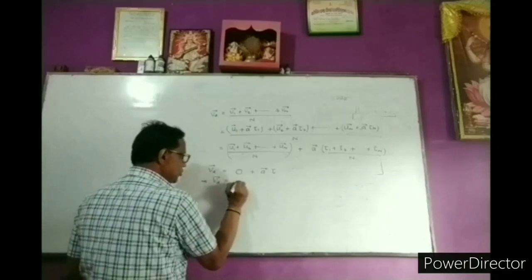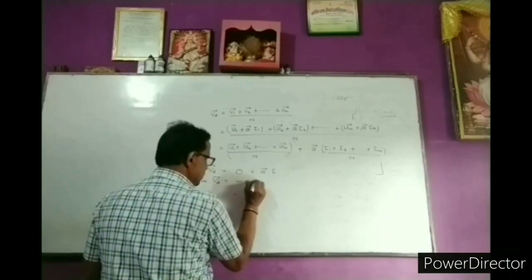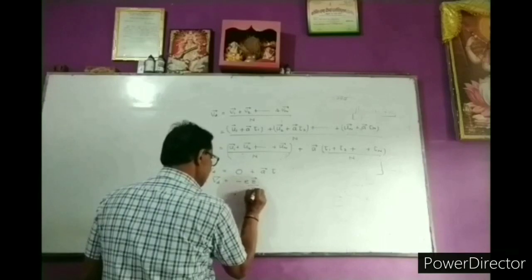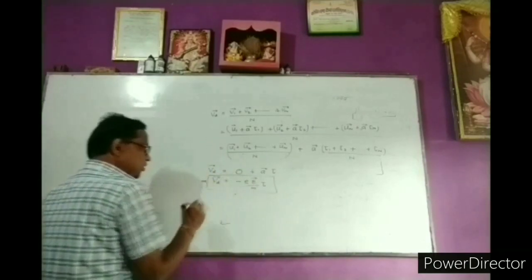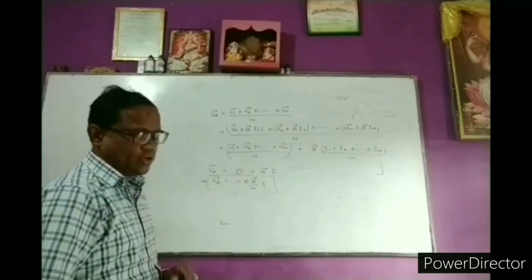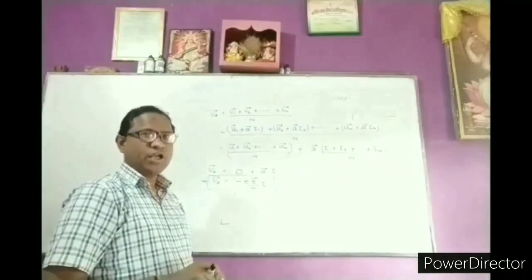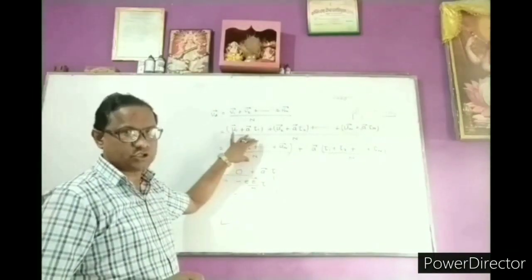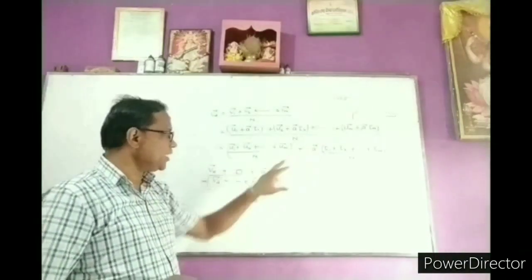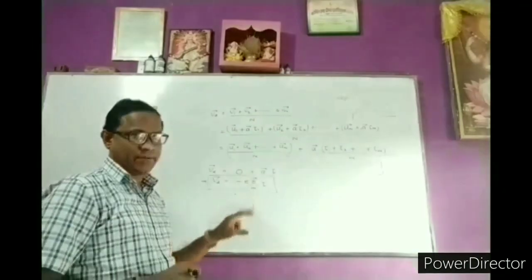Vd is equal to minus eE by m into tau. In the absence of electric field, the average velocity of electrons is 0, so the whole term will be 0. Putting the value of a equal to minus eE by m.